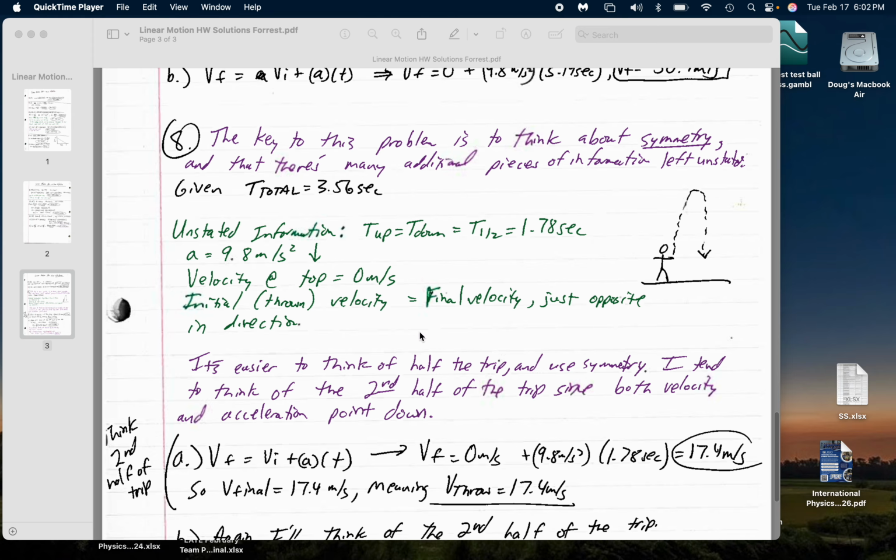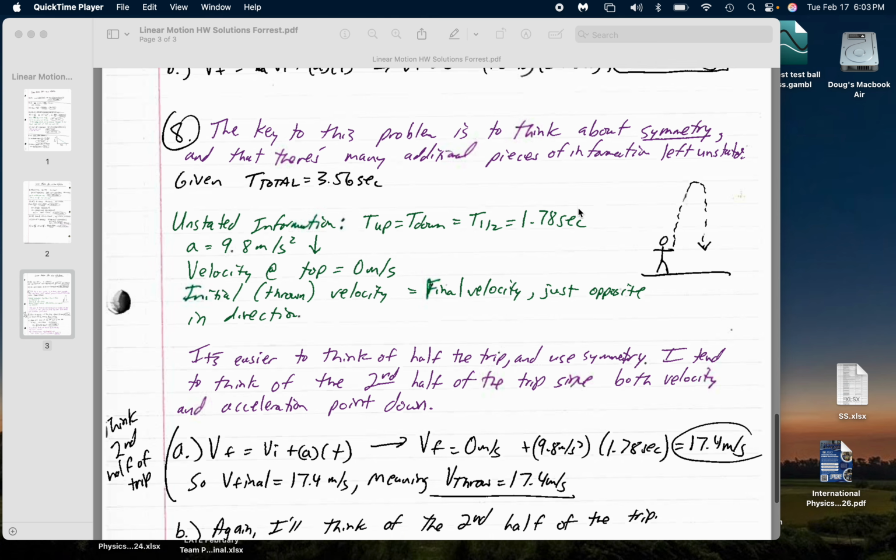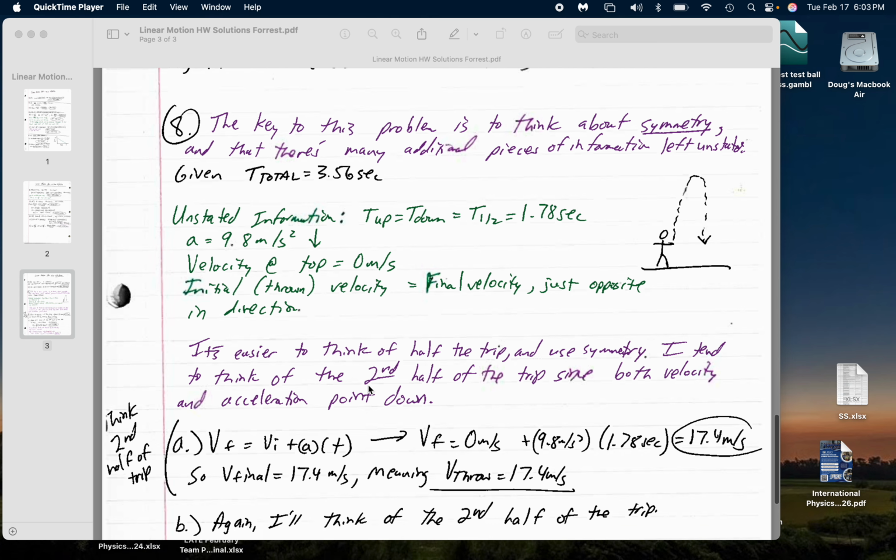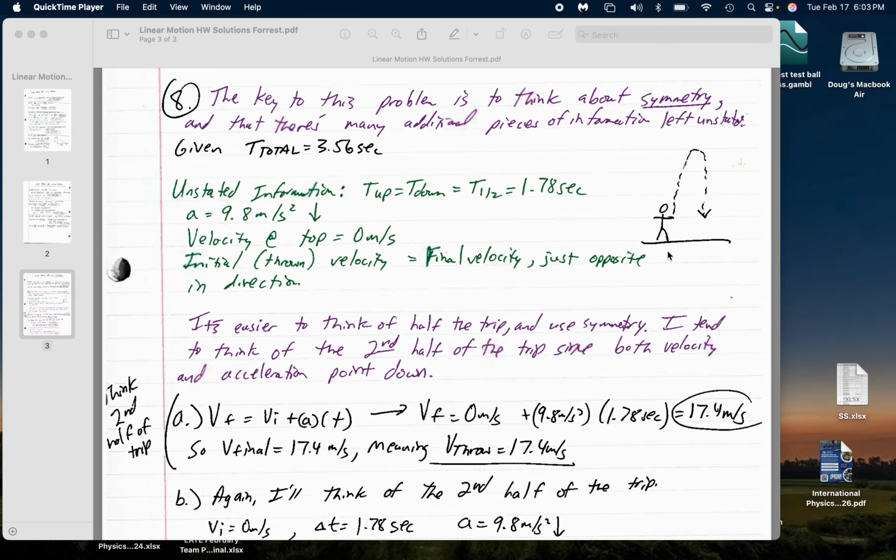Because oftentimes if I think about the second half of the trip where things are coming down, my acceleration points down, my velocity points down, and I don't have to worry about combining positives and negatives. Because there's symmetry between this half of the trip and the first half, a lot of times I can use that. So for part A, it's asking the speed with which it's thrown.